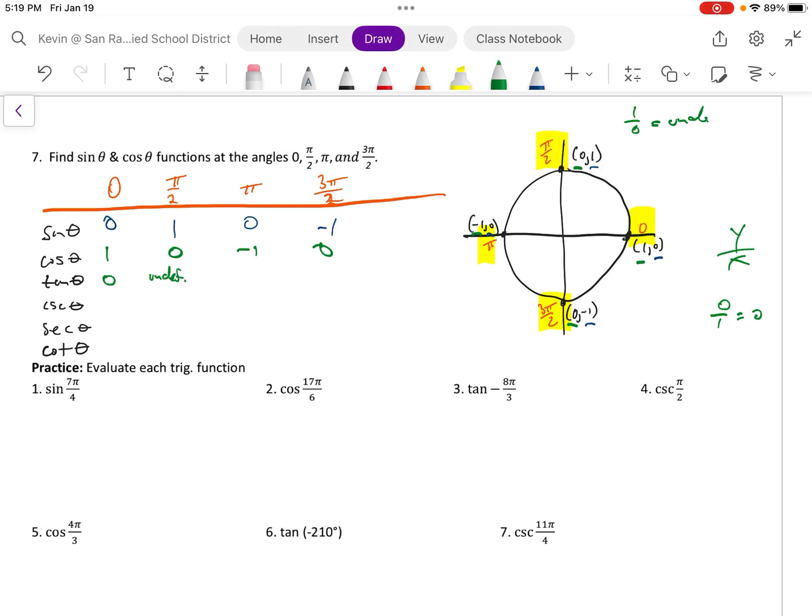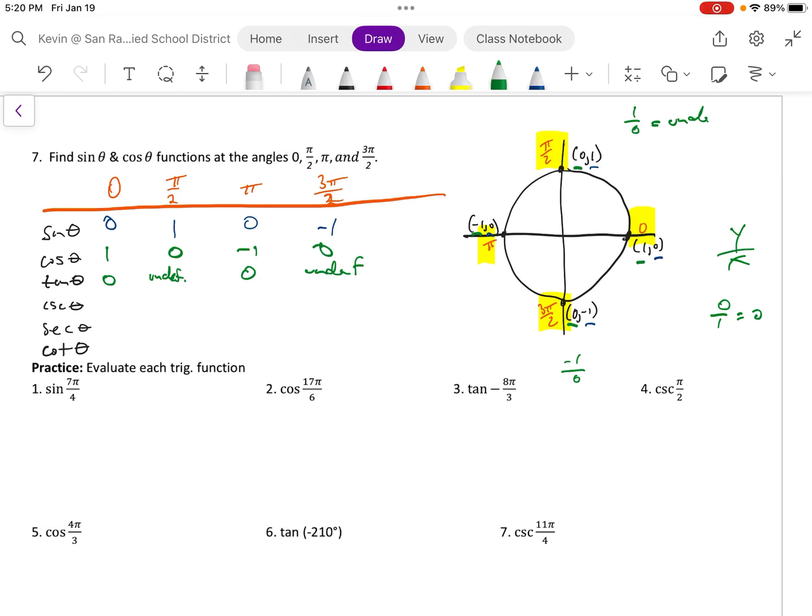We're going to see this when we start graphing it. You're going to see we have asymptotes there. So you cannot have a tangent of pi over 2. But we come over to pi, and that is 0 over -1, which would give us 0. And then at 3 pi over 2, we have the same situation, -1 over 0, so it's undefined.